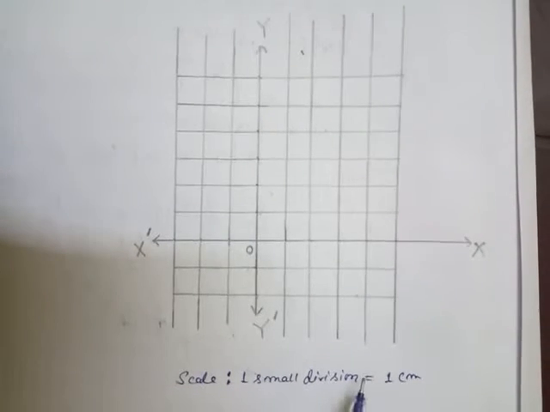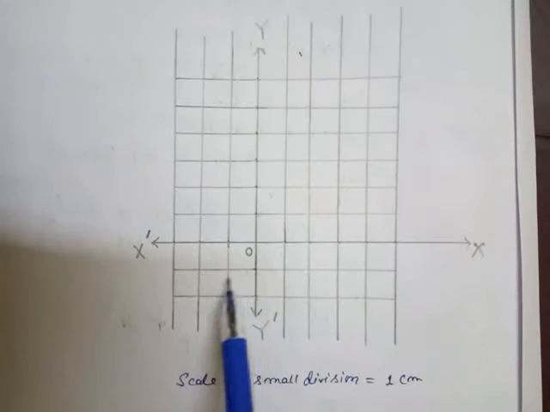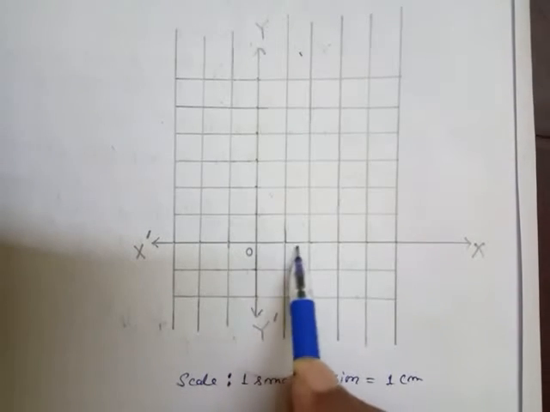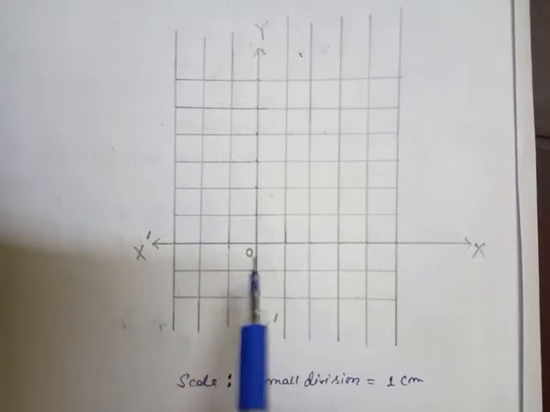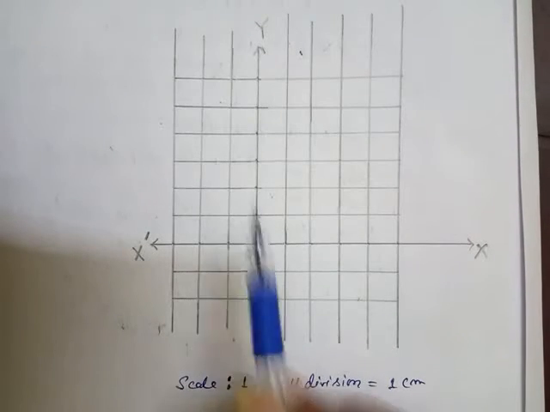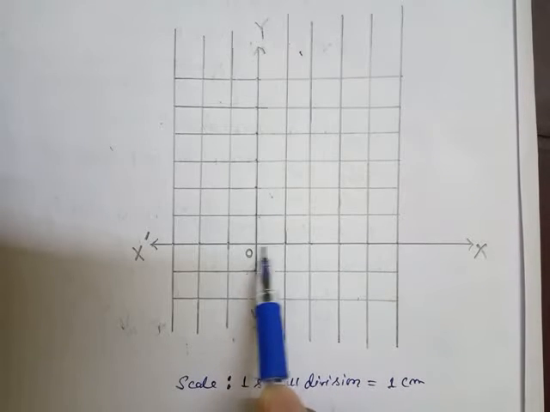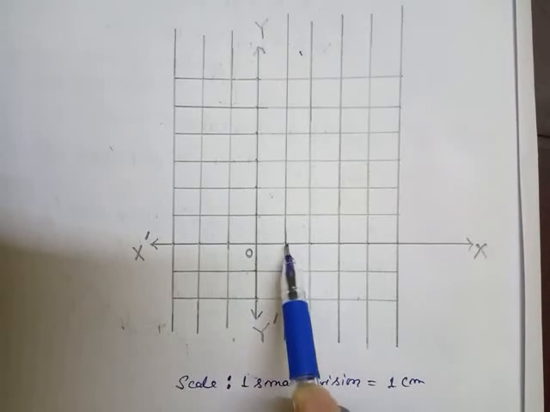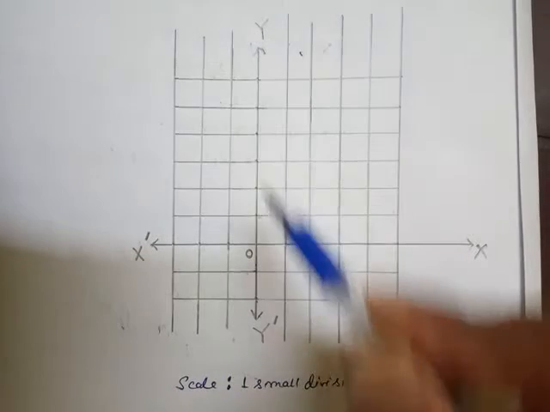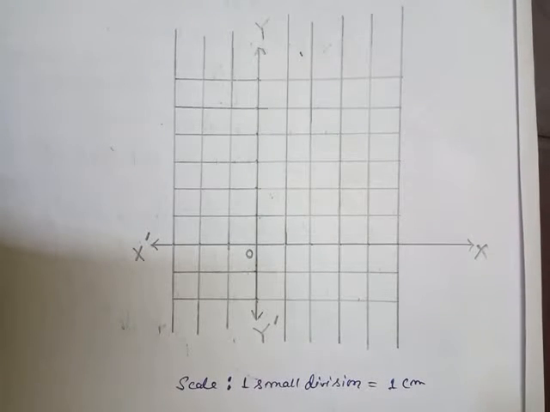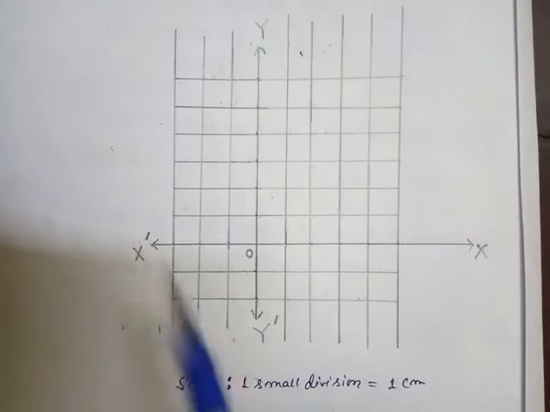Now the scale I have taken here is one small division equal to 1 centimeter. From the origin to this line is 1 centimeter, and this line to this line is 1 centimeter, like this here also. This is the scale I have taken, and this is the Cartesian plane.